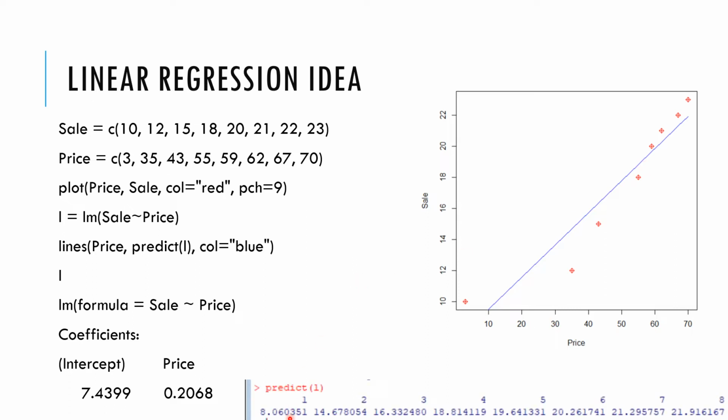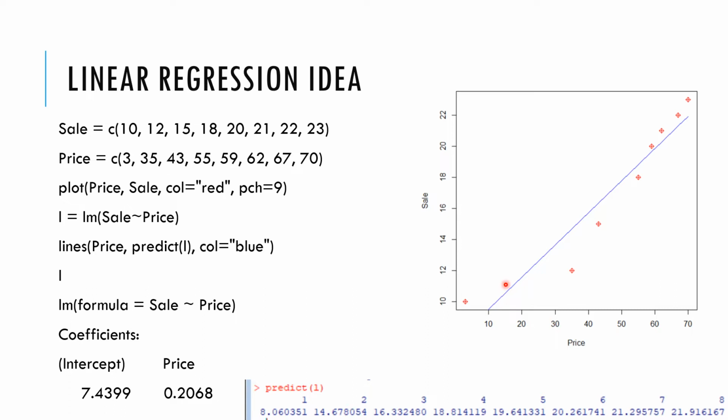You see these are the predicted values here. For price 3, the actual value is 10, but our model has predicted 8. For price 35, the original value is 12, but our model has predicted 14.